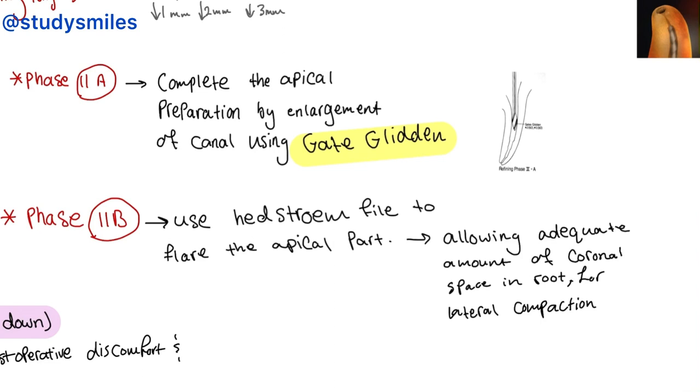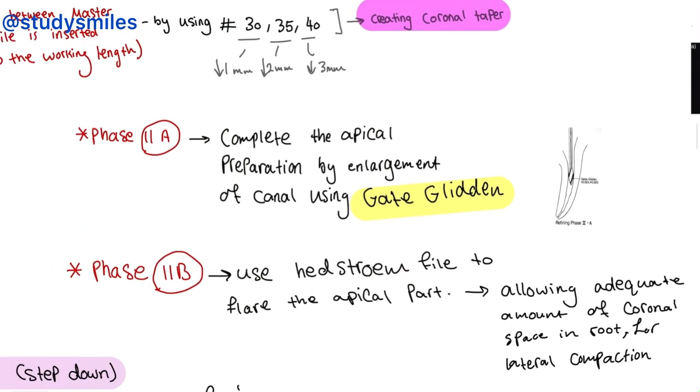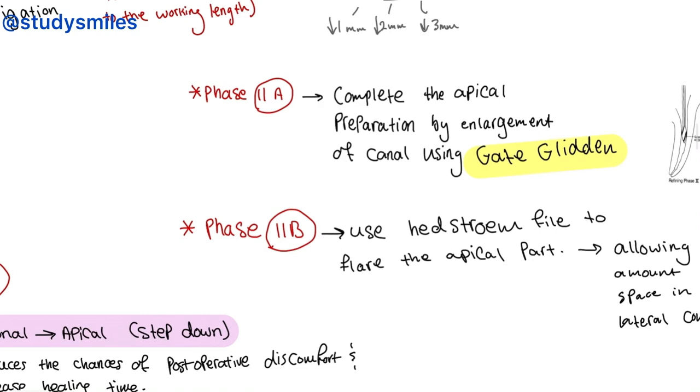This is at the end basically, because we want to allow an adequate amount of coronal space in the root for lateral compaction. Hedstrom files are special files with spiky ends that basically smoothen out the root for the final filling.